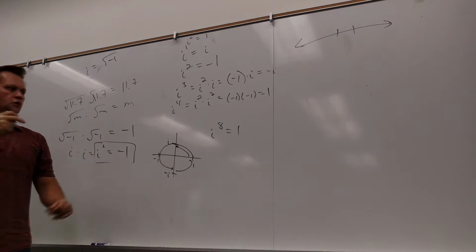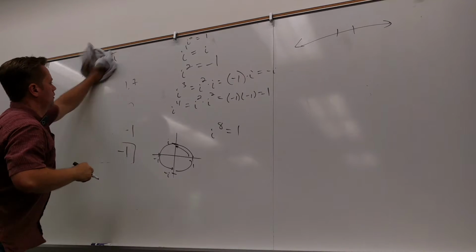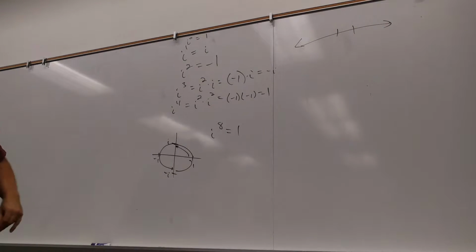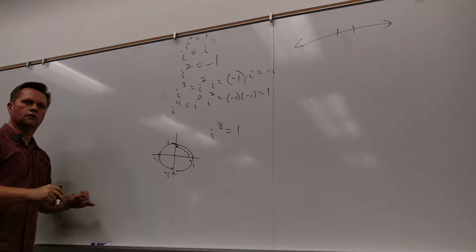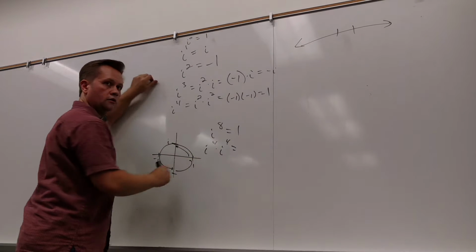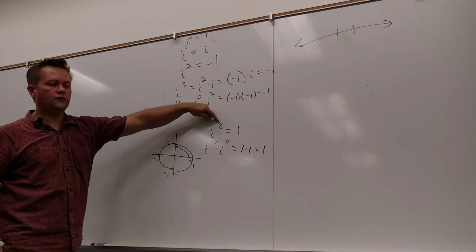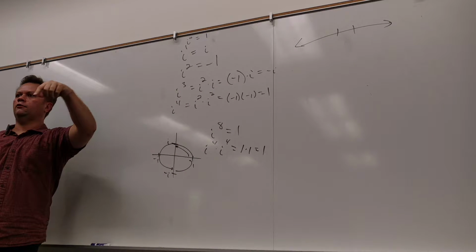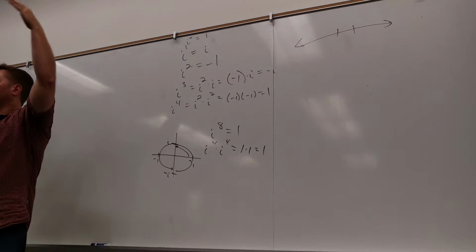Really want this to make sense. And this one came from I squared times I squared times I squared times I squared, or even just I to the 4th times I to the 4th, which is 1. 1 times 1 is 1. So every 4th, where's it going to be 1 again? I to the 12th, I to the 16th.